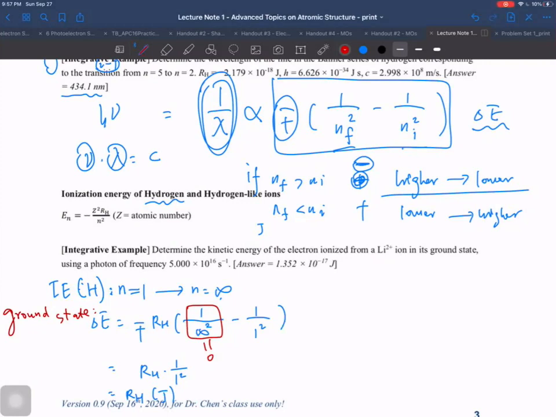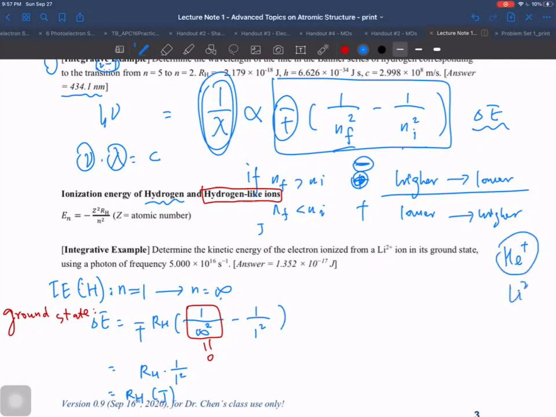Okay. And then there is something called hydrogen-like ions. What does it mean? Basically, there is only one single electron, but it might not be hydrogen. For example, let's say you have helium plus, one electron, right? But it's not hydrogen.